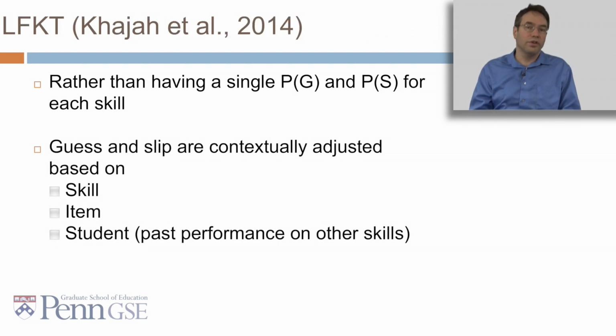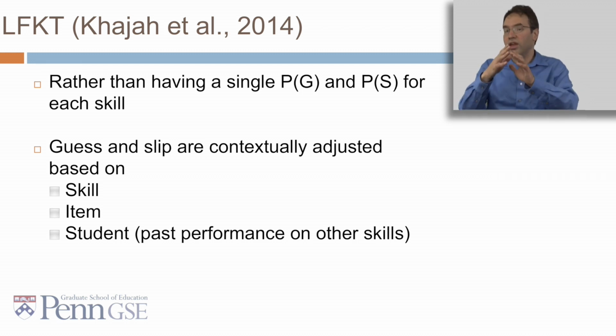Another variant that allows for differences in item difficulty is LFKT. In LFKT, rather than having a single P of G and P of S for each skill, guess and slip are contextually adjusted based on the skill, that's the classical P of G and P of S, but also the item and the student based on their past performance on other skills.